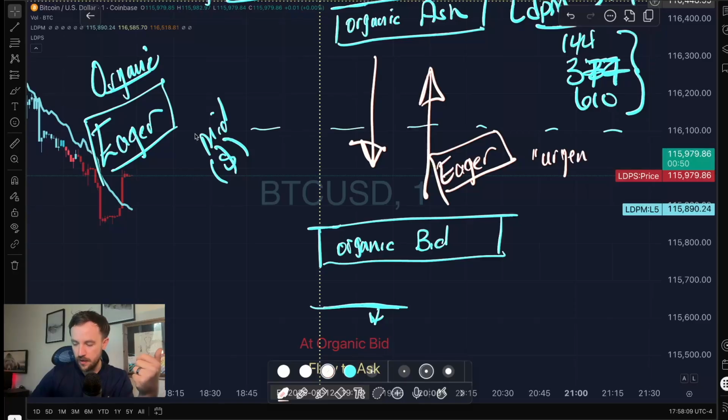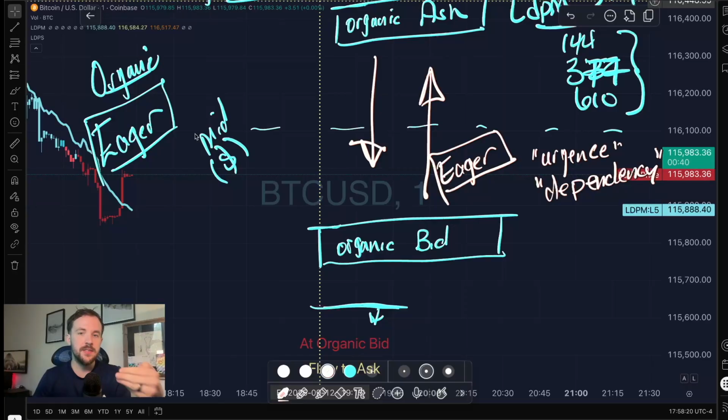I call it the cost of urgency, the cost of dependency, right? So this is someone who needs to transact, and they're not here to transact in a value-driven way. They are more than happy to cross the aisle to transact at the other side of the book because they simply need to transact.